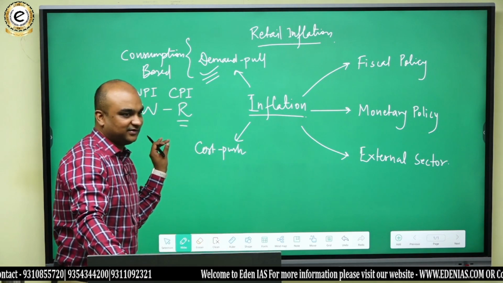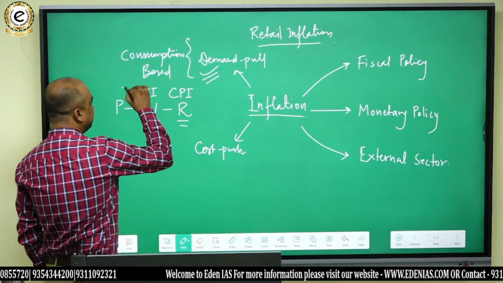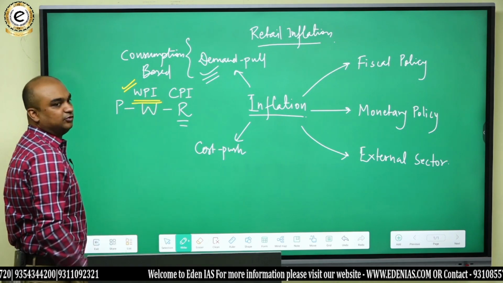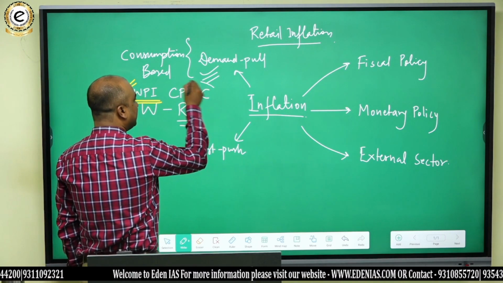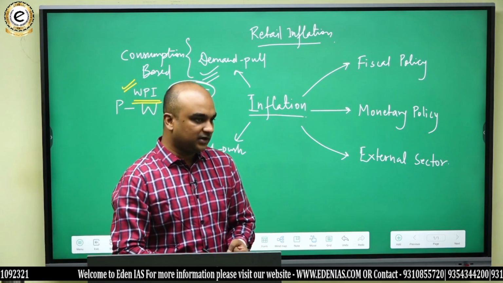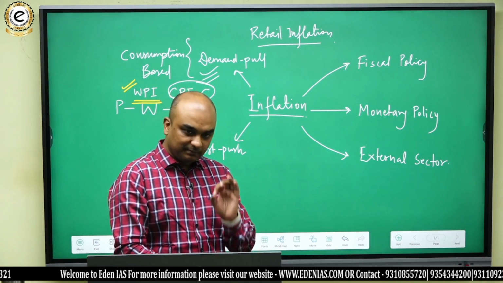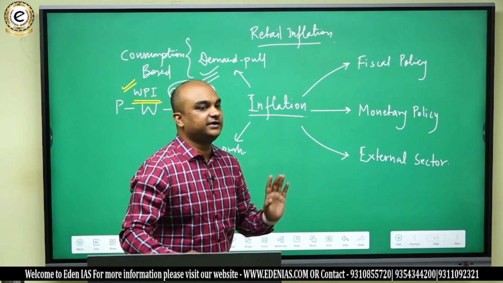CPI or WPI? Now, for a long period of time, India used to measure its headline inflation on the basis of WPI, but recently India has shifted to CPI combined. Got it? Because there is something called CPI rural, CPI urban, and CPI combined. So CPI combined is the indicator for measuring headline inflation in India.